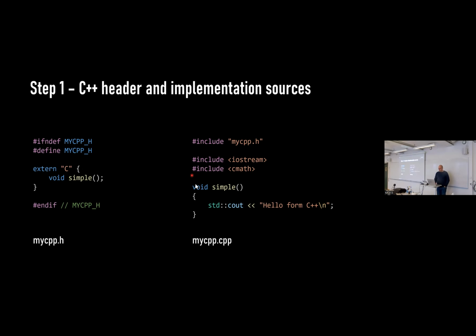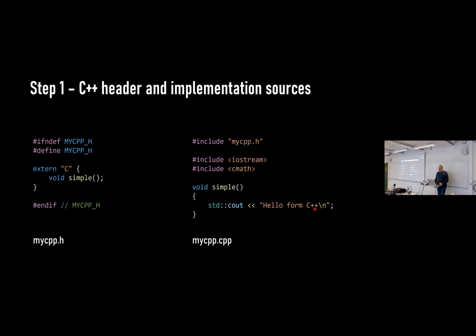And then I have a CPP file that includes this header file. And here I have my normal C++ stuff, like my iostream and my cmath, so I can print out. So in this case, I just print out standard cout hello from C++. So this is the first thing. And this is the easiest way because you don't have to think too much about calling conventions.